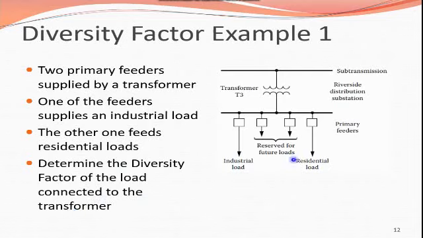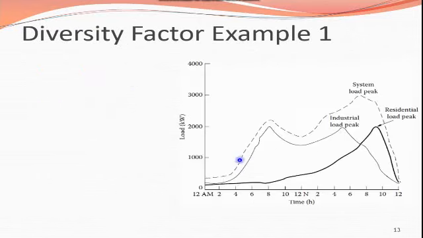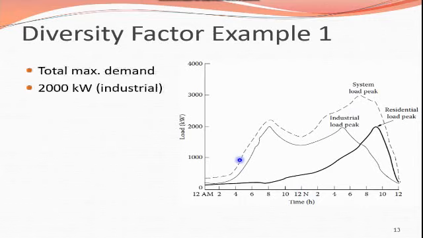We have to calculate the diversity factor of the load. So how can we calculate it? We already know the formula. We have to calculate the sum of the individual maximum demands first.